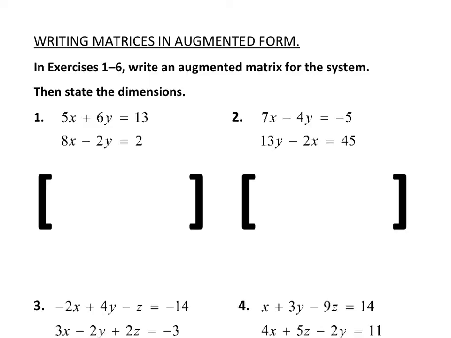Here's a system. Last class, we would have solved this by hand, right? We multiply by some number, we do elimination, maybe we substitute, blah, blah, blah. This is a new way to solve with technology called matrices. What we do is write an augmented matrix, remember that's the rectangular version of numbers, and then we're going to state the dimensions, which is the rows by columns.